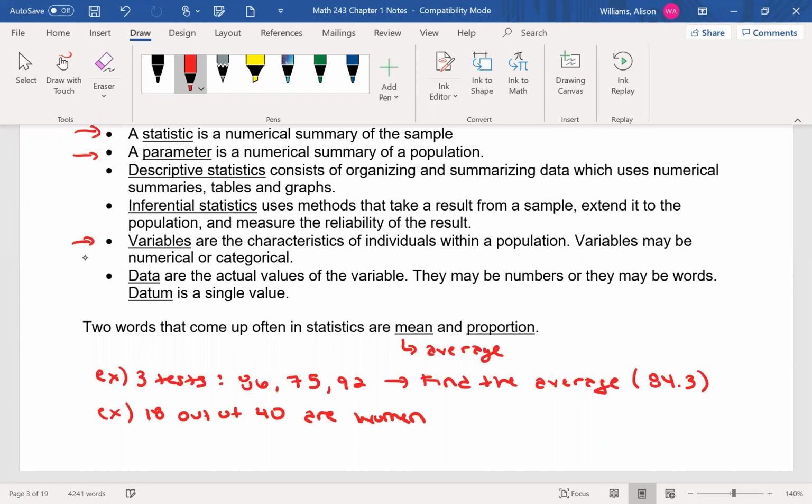Saying 18 out of 40 could be thought of as 0.45, or 45% of a class of size 40 that has 18 women. So those are two terms we use a lot in statistics, mean and proportion. They're a way of summarizing data, and we want to be aware of that before we get going.